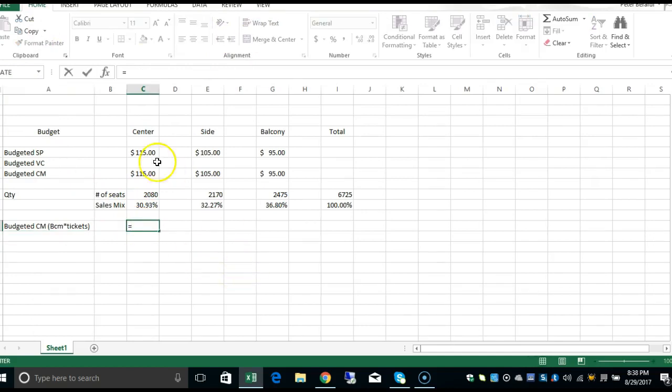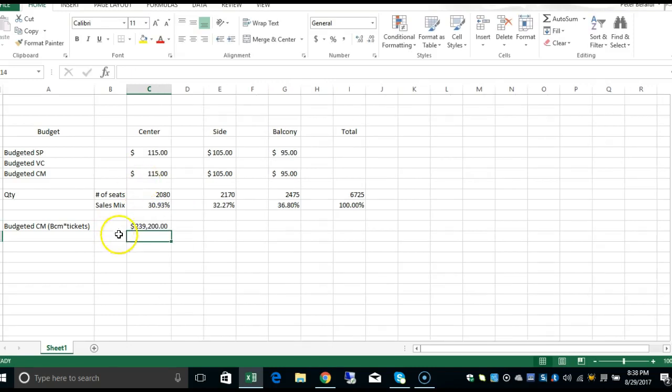So we're going to take the contribution margin per ticket for the center seats times the number of center seats that we budgeted to sell. And that's our total contribution margin in dollars.